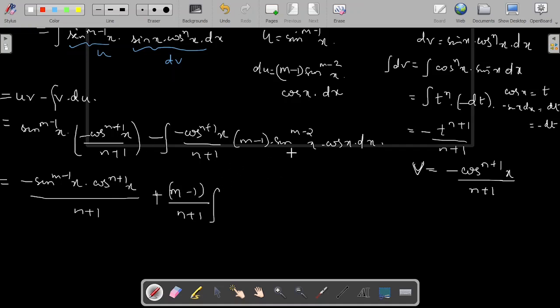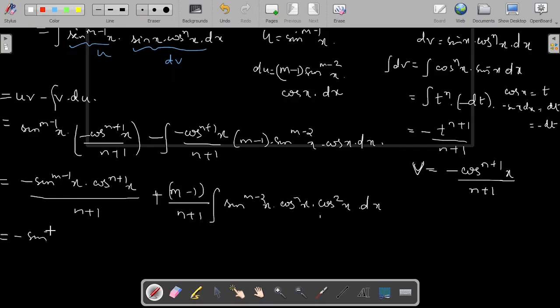Therefore, I will write this as sin^(m-2) x cos^n x. This is cos^(n+1) x, so I will split it as cos^n x and cos x. Here one cos x you already have and one more cos x, which gives you cos^2 x dx. I have done it like this because I can substitute cos^2 x as 1 minus sin^2 x.